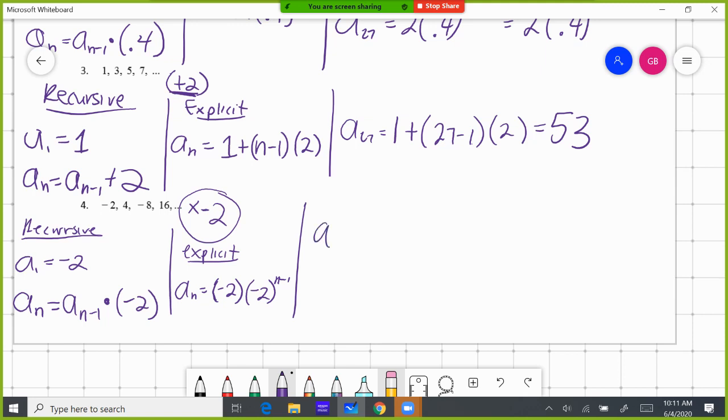And then the 27th term, plug in 27 into the exponent. I'm going to use the calculator for that. So this is actually -2 times -2 to the power of 26.